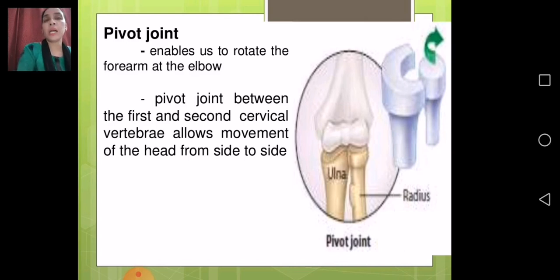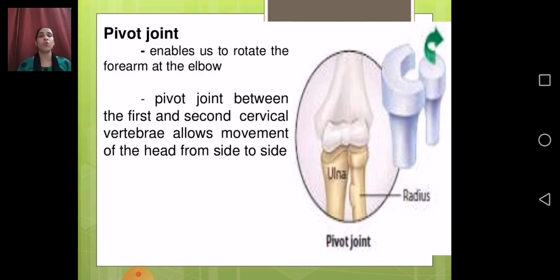After the pivot joint we have the hinge joint. Hinge comes from the hinges of a door, which allows only forward and backward movement. That is very important, and pivot joint is more important in it.